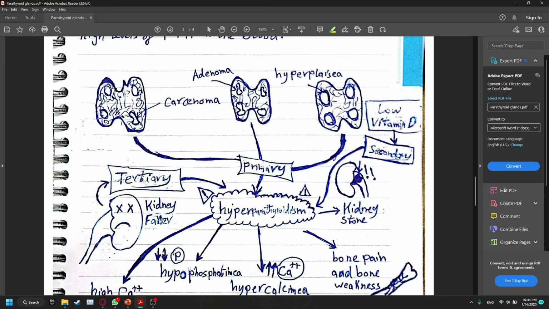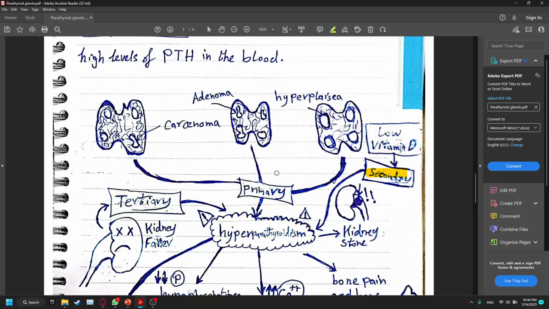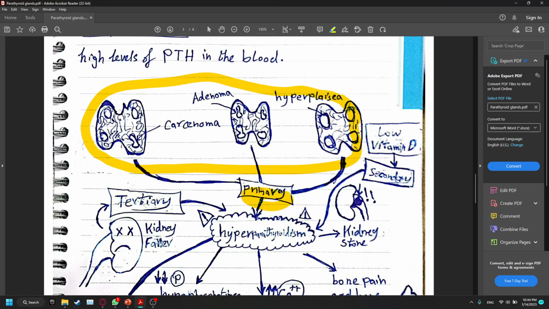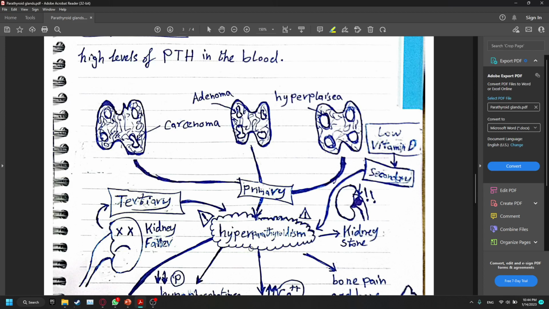These are the three primary reasons why people get hyperparathyroidism.